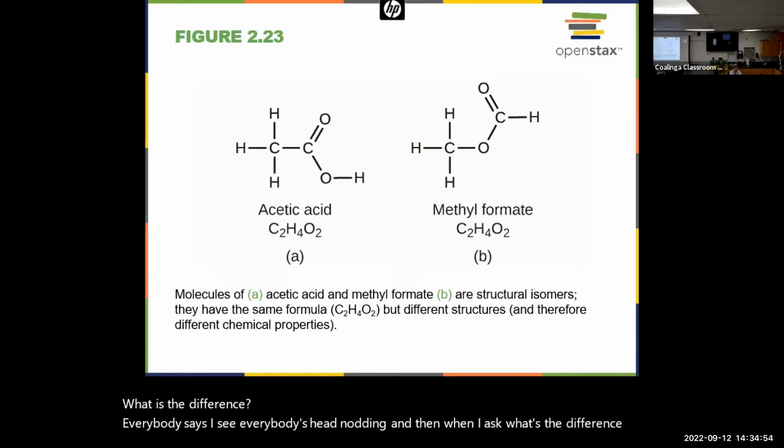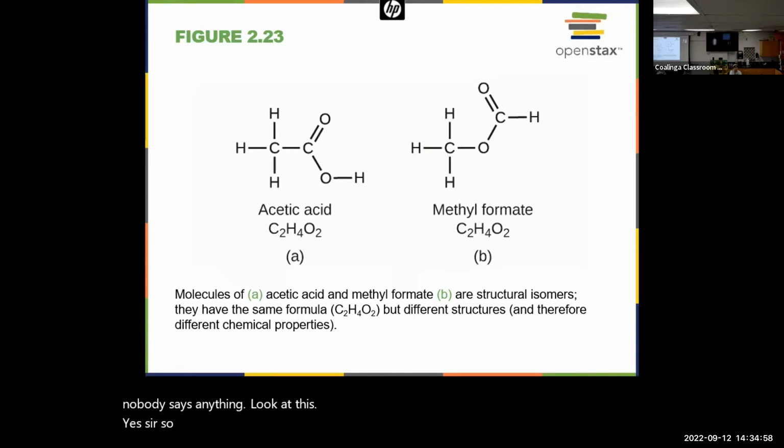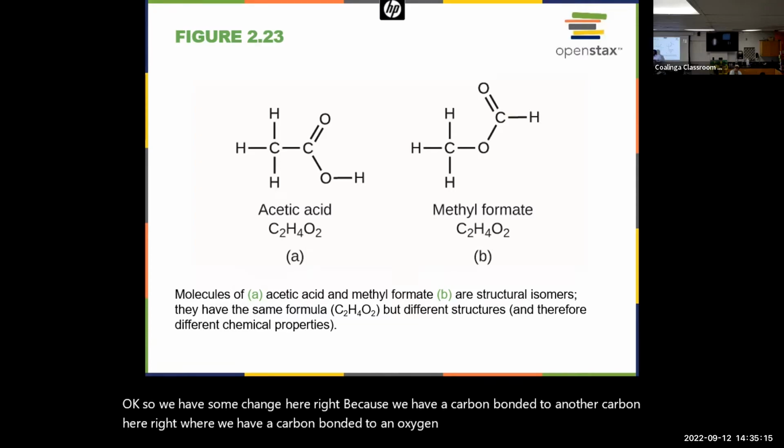Look at this. Yes, sir. After the middle, right here, it changes. So we have some change here, because we have a carbon bonded to another carbon here, where we have a carbon bonded to an oxygen here. So that would be a difference, right?